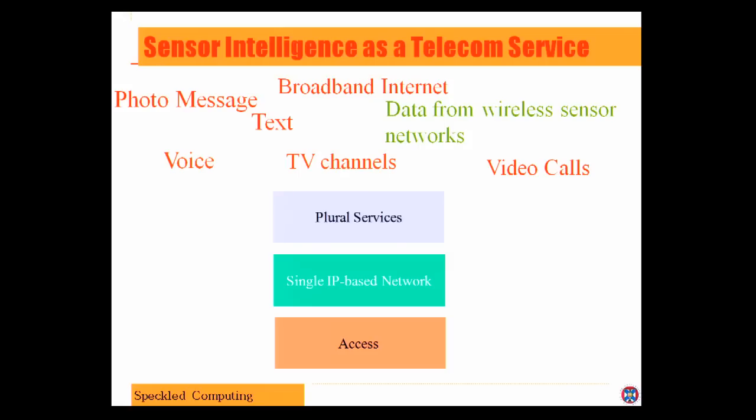That's the vision, that it's a telecommunication service which is provided along with lots of other services on what is known as an IP network. That's the workhorse which actually does this for you.